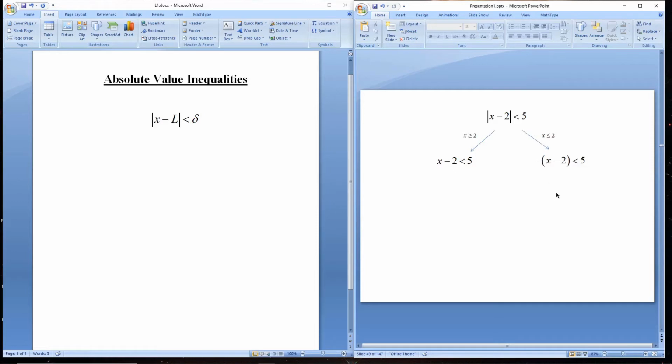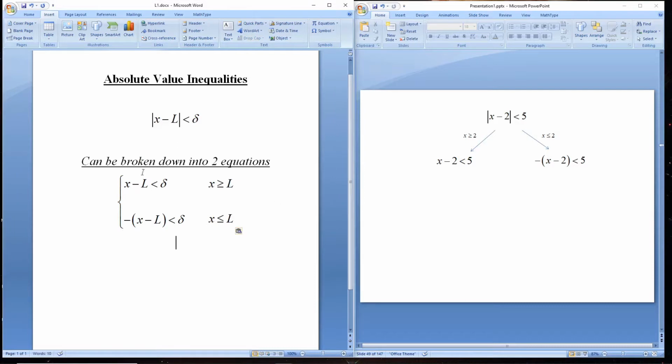And we can always do this. We can always break an absolute value into two expressions. And this is the first thing going forward that I want you to be aware of if you aren't, is that we can always break an absolute value into two inequalities. And here I did it then with the letters.